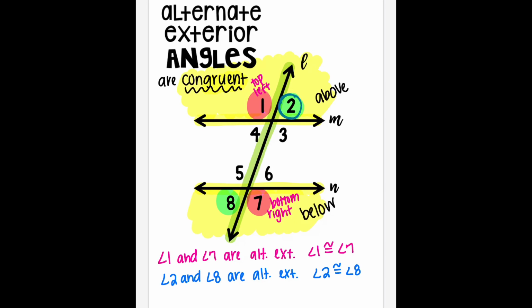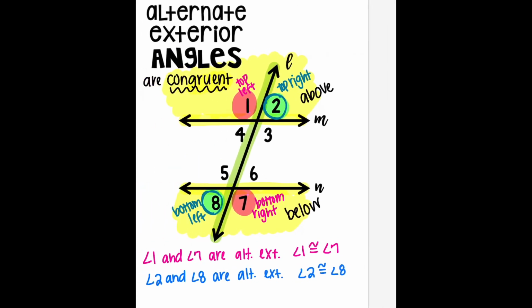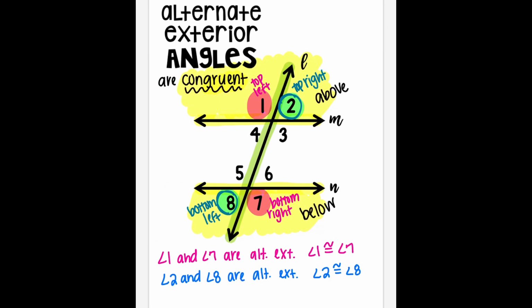We have top right, so its alternate exterior would be the bottom left. And they are congruent. Okay, and that's all of them.